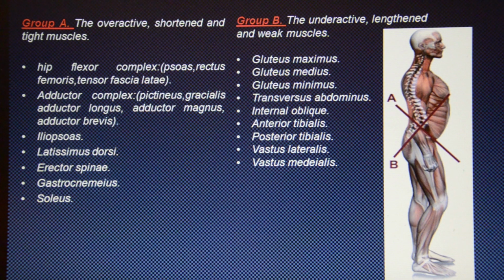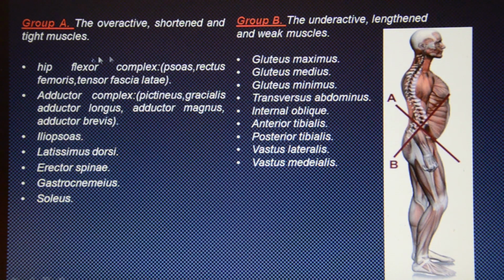Now let's look into the anatomy of lower cross syndrome. There are two groups of muscles, and I call them group A and group B. Group A are the overactive, shortened and tight muscles, and group B are underactive, lengthened and weak muscles.